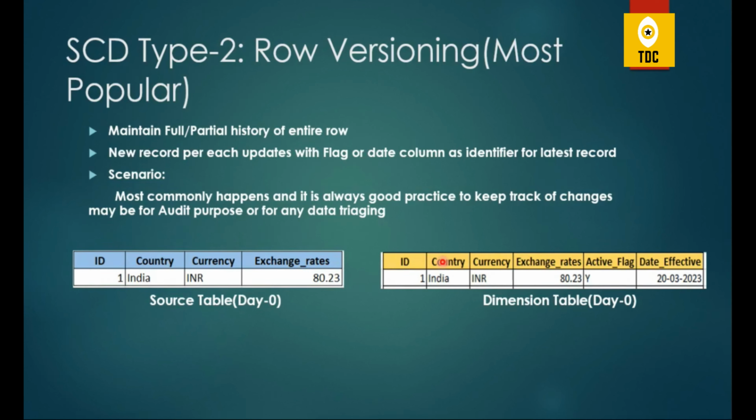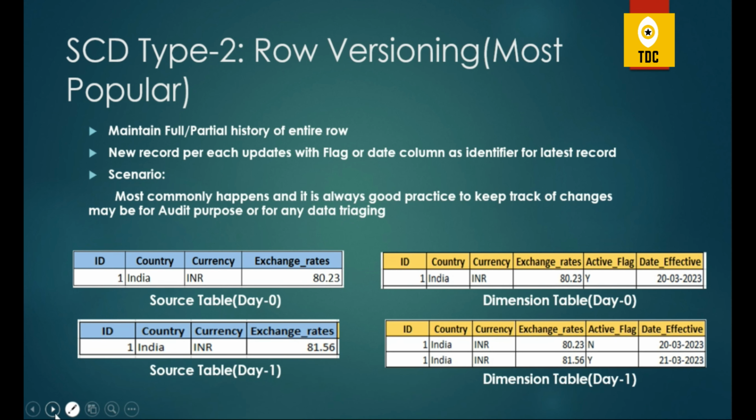That means you have supporting columns here, a flag column and a date effective column. Why are we adding these two columns? That importance will be understood when you go to day one. On day one, the same India currency rate gets updated.